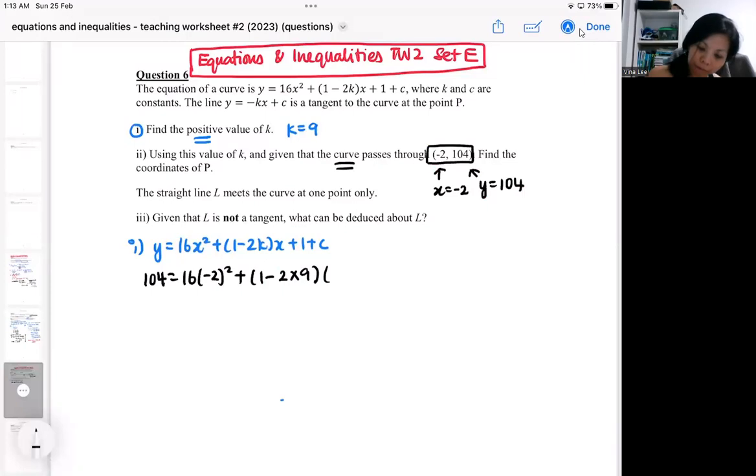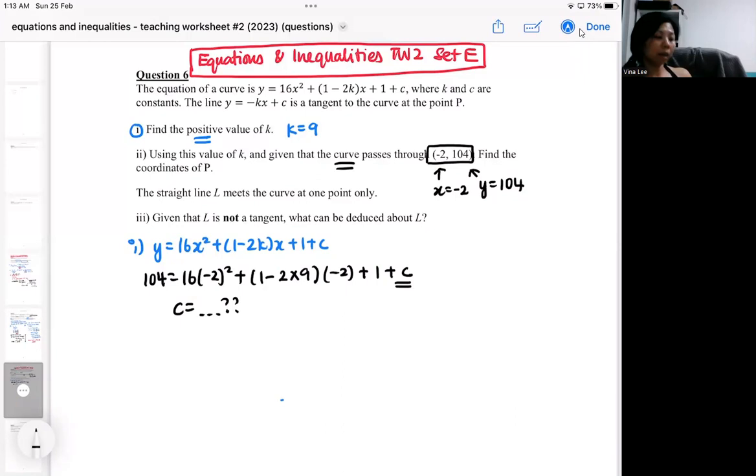Please sub your k. And eventually, because you sub your x and y, you also sub your k, you will be able to solve for the c. So the reason why they give you this coordinate is to help you to find c. So you will be able to find c. C will end up to be a 5.